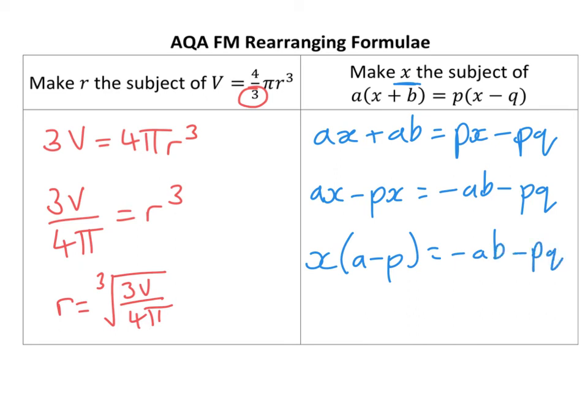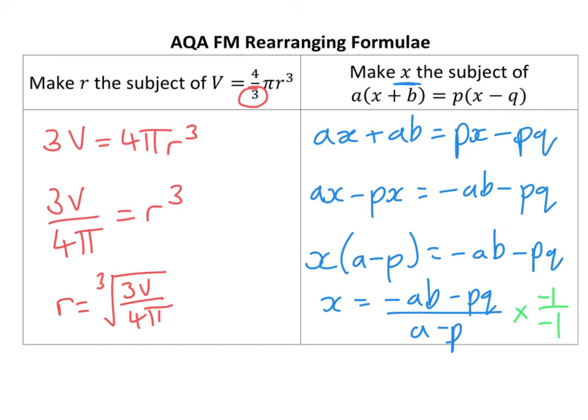Right, I'm then going to divide, because it's X times that bracket, and I'm going to get X equals minus AB minus PQ all over A minus P. Now, what they might do is, because all those minuses are a little bit messy, multiply top and bottom by minus 1 over minus 1, which is essentially the same as multiplying by 1, isn't it?